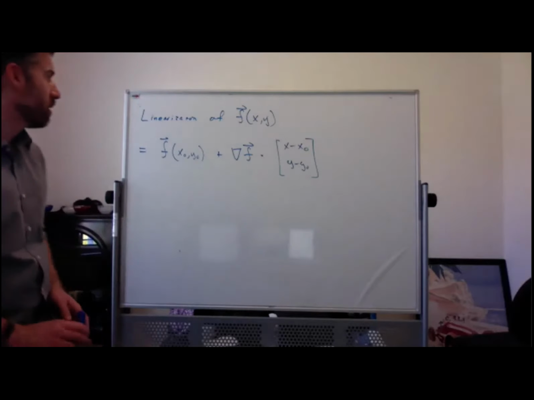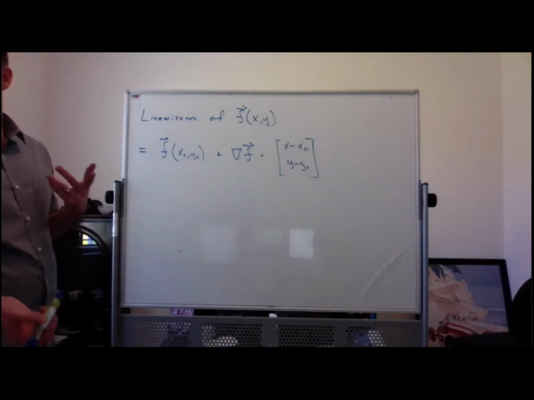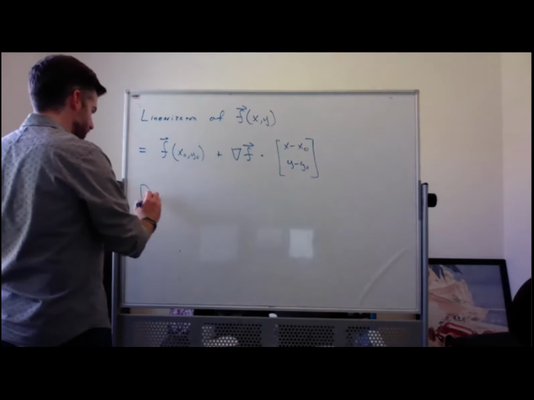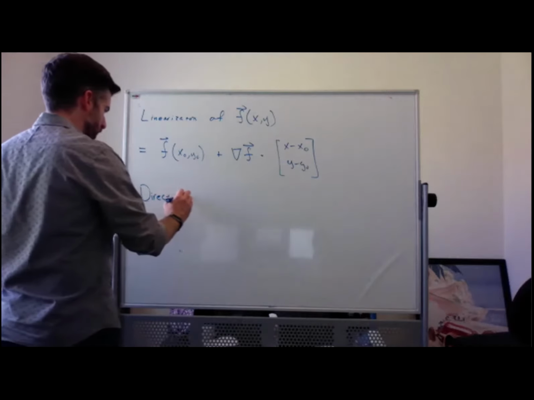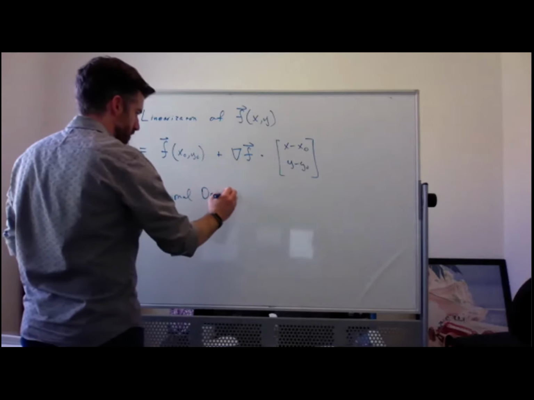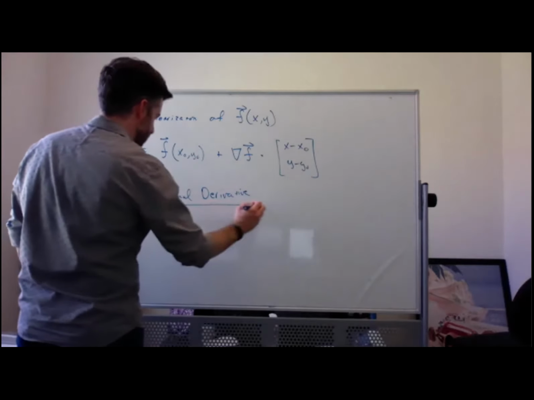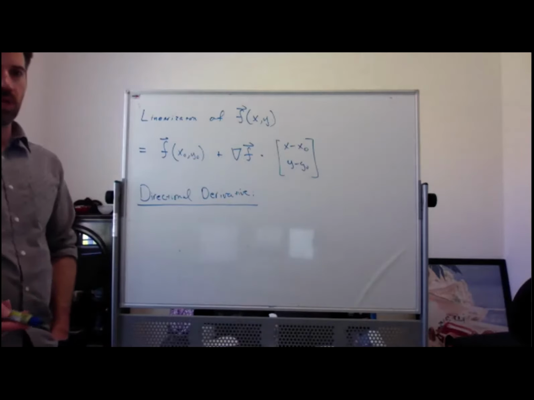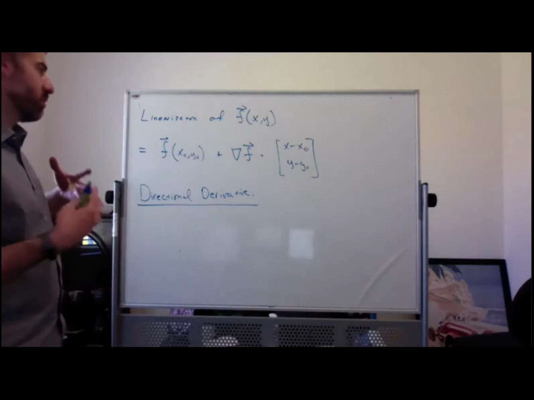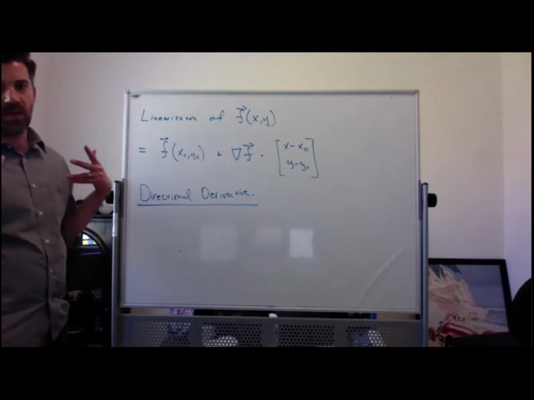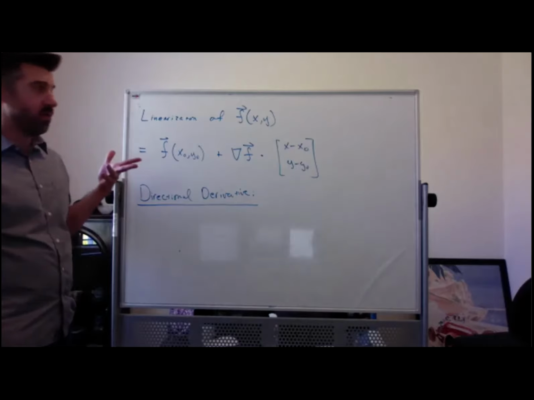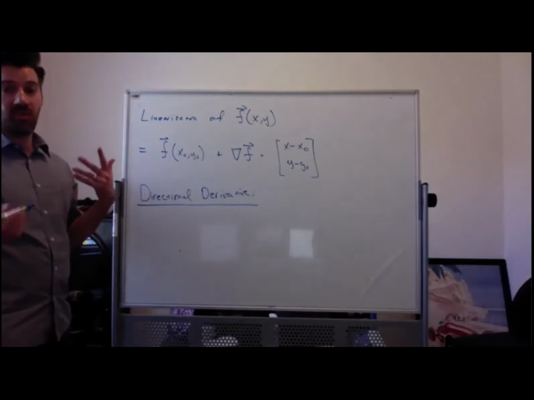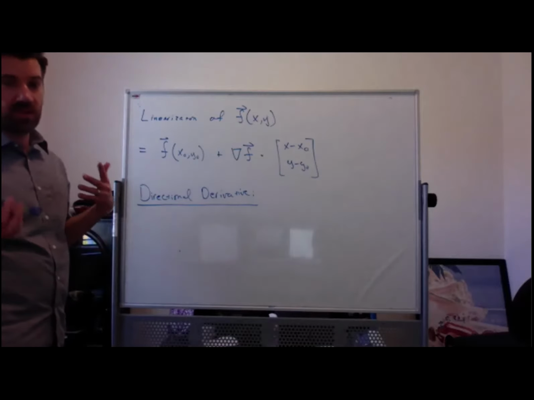Okay. So what I think is probably worth mentioning now is what's called the directional derivative. The idea of the directional derivative is, we've talked a little bit about how the partial with respect to x is the derivative in the direction of x, and the partial with respect to y is the derivative in the direction of y.